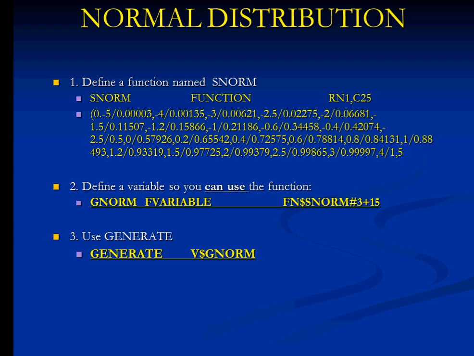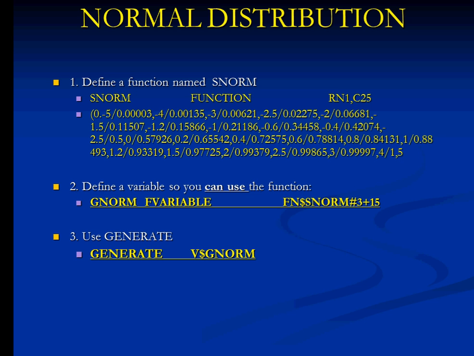So 3 in this case is the standard deviation, and after the plus sign it's the mean. In this case we have a normal variable named GNORM with a mean of 15 and a standard deviation of 3, and it behaves like a function named NORM that we have already defined.